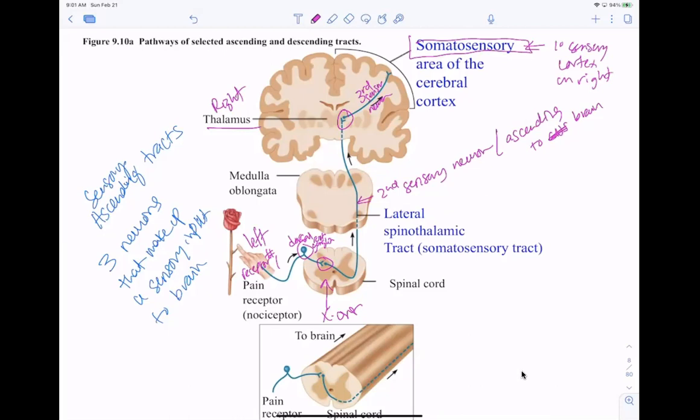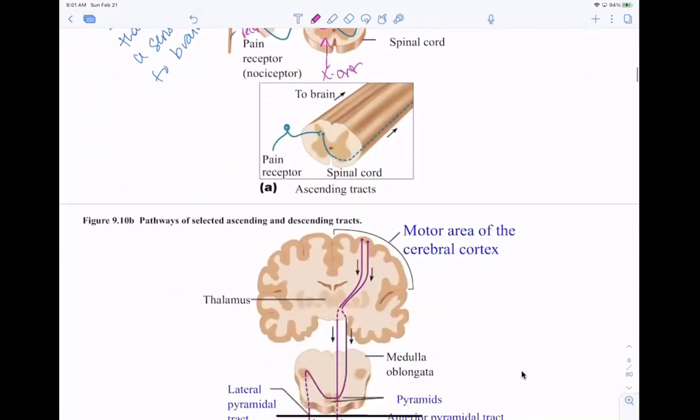So you have a first sensory neuron, a second sensory neuron that just goes up the spinal cord to the thalamus. Everything synapses in the thalamus, all sensory information, except smell, synapses in the thalamus and then goes to its cortex area. And if it's general senses, it's going to the somatosensory cortex and then a sensory association area.